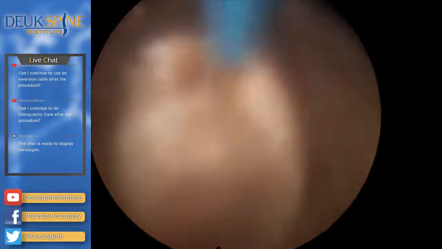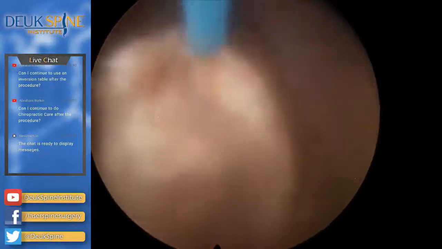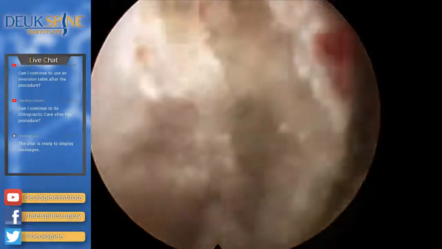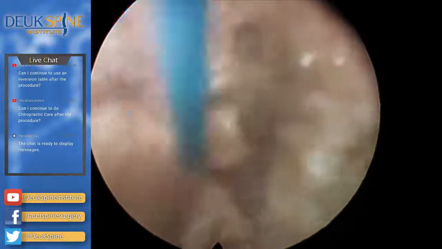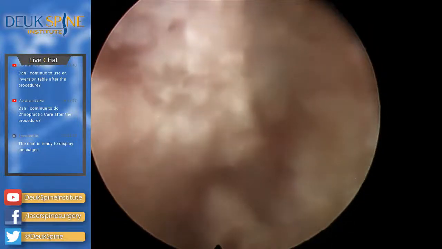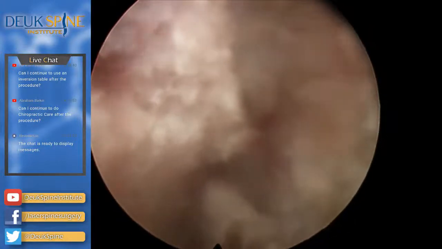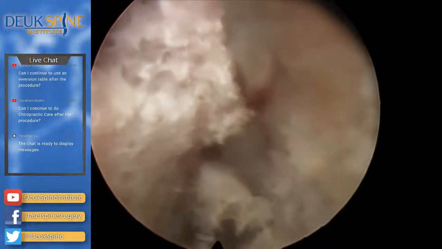It's mostly due to a little bit of oozing coming from the end plates. But that's it. We're done. I'm going to grab that little piece right there of calcified disc herniation, and we're going to get out of this disc.